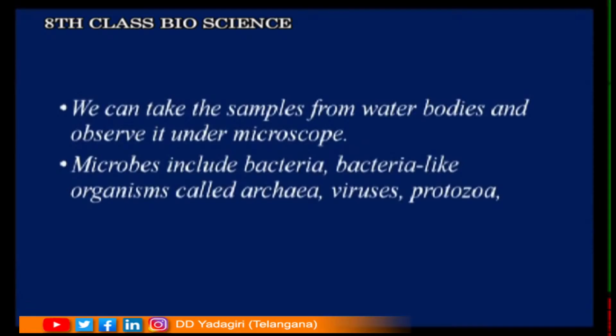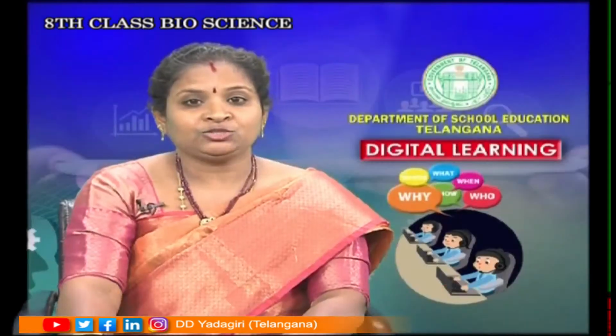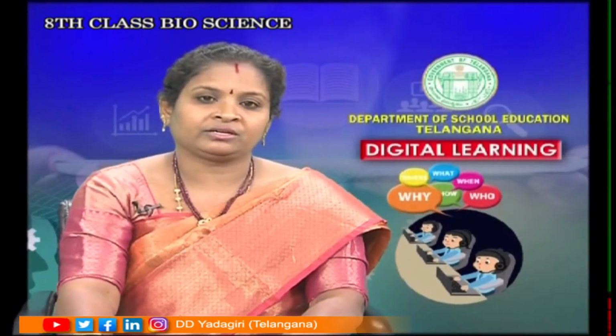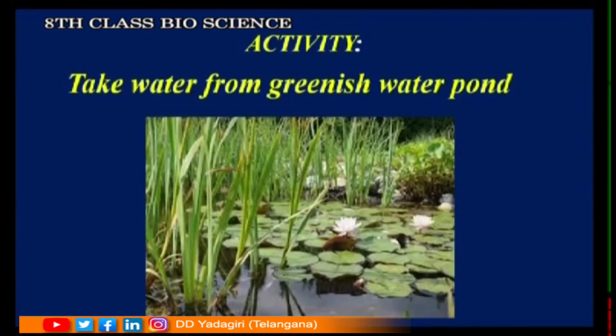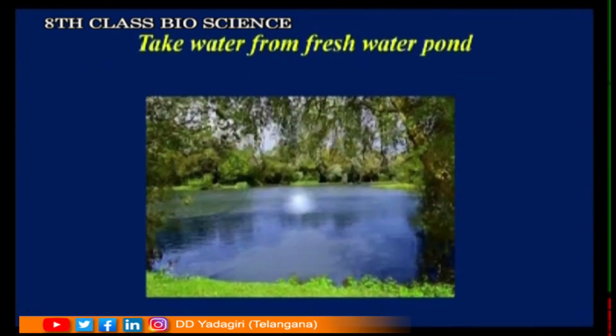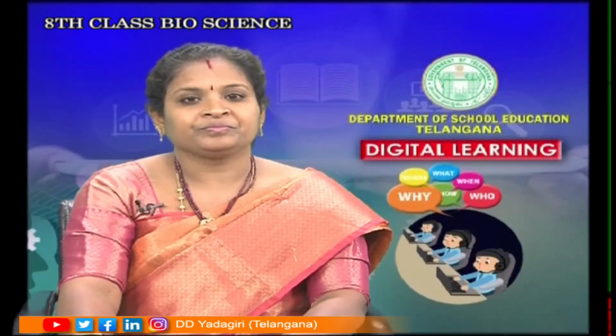Now you can collect the water from a greenish water pond. This is an activity given in a textbook. Where do we have to collect the water? You can collect it from a greenish water pond or freshwater pond. A freshwater pond looks so fresh, surrounded with so much greenery, but even in this you can find minute microorganisms which you can observe only under the microscope but not with the naked eye.